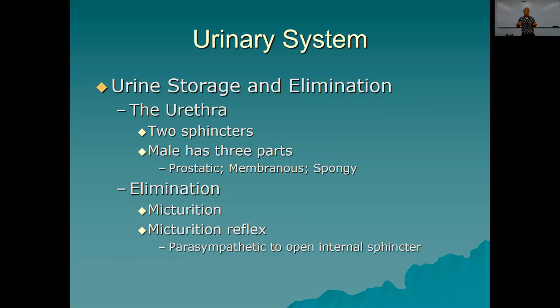When that opens up, that's when you get the urge, oh, I have to pee. Fortunately, we have an external sphincter that's under voluntary control, and we can keep that closed until we get to the proper time and place to eliminate the urine. The elimination of urine, or peeing, the $2 word for peeing is micturition.